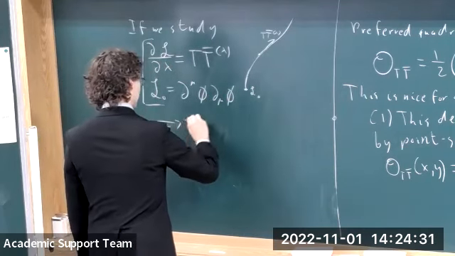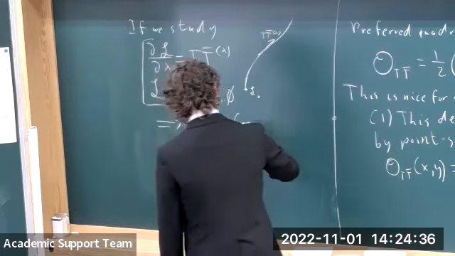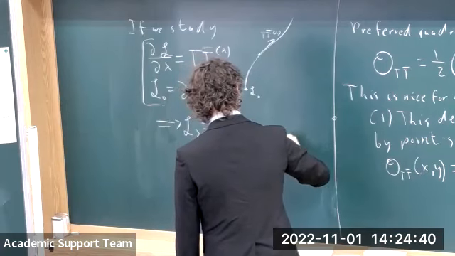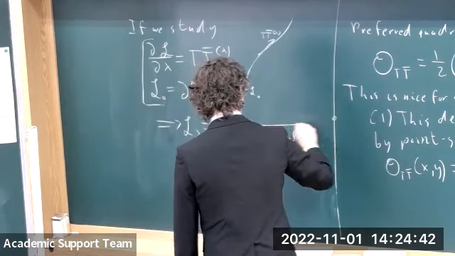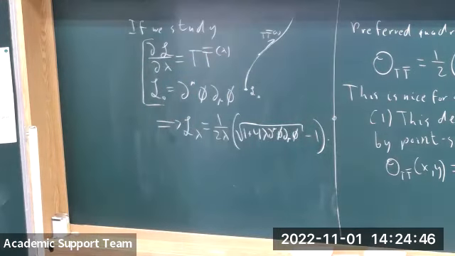And the solution is very nice. There's a solution L lambda, which looks like this: root 1 plus 4 lambda d phi, minus 1, if I got the factors right. This is originally due to Roberto, so I realize that speaking about this in front of him is a bit like bringing sand to the beach.